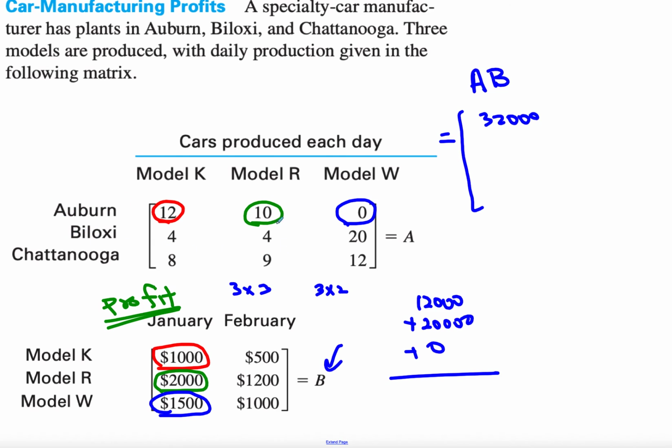How about B? B cars would be 4, 4, 20. So 4 is multiplied by this one, and we get 4,000. And 4 is multiplied by the second one, we get 8,000. And 20 is multiplied by 1,500, so I believe that it is 30,000.